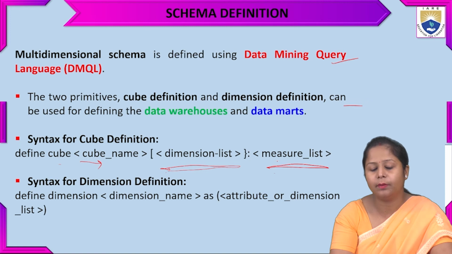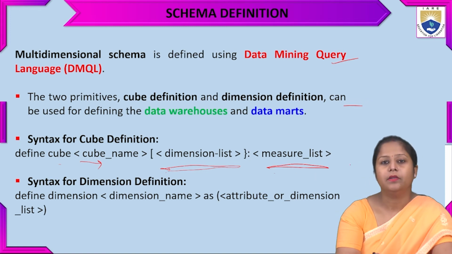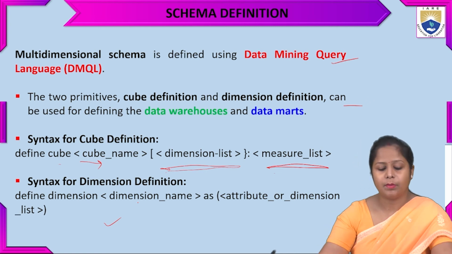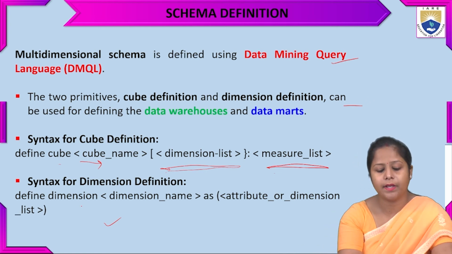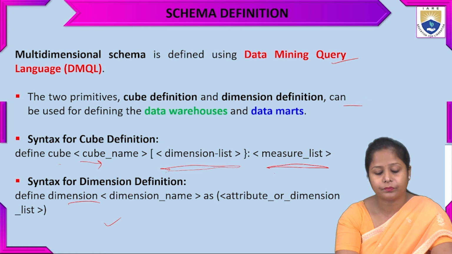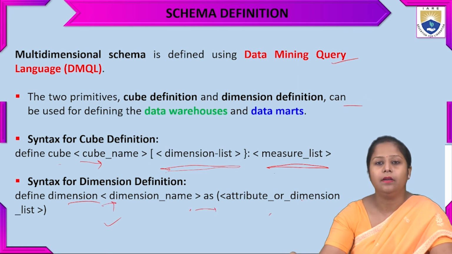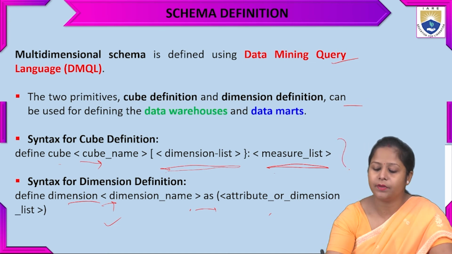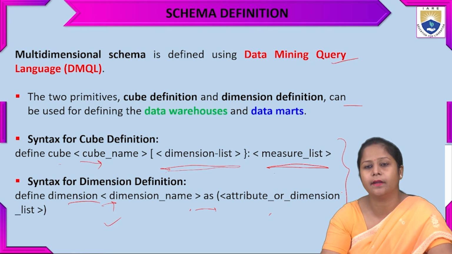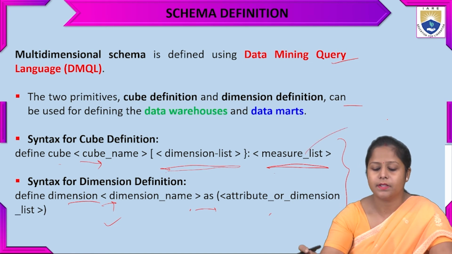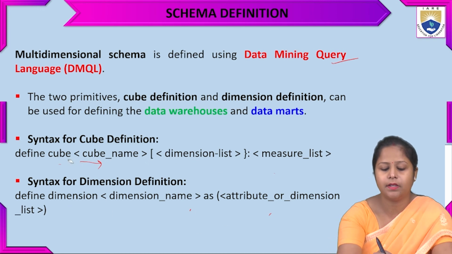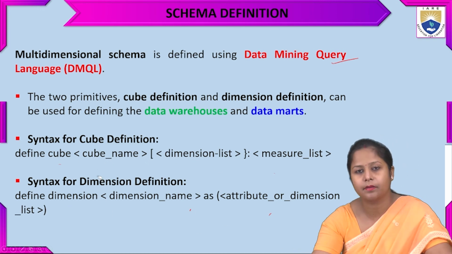So with the column it will be associated, right? The syntax for the dimension table definition is: define dimension, then the dimension name, as attribute and dimension list. So the schema will be written like that. That is nothing but the schema definition having the DMQL syntax.